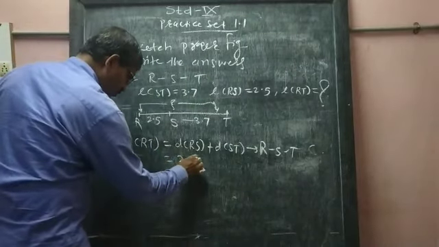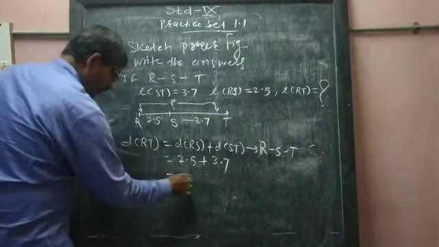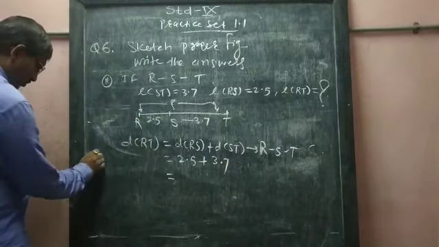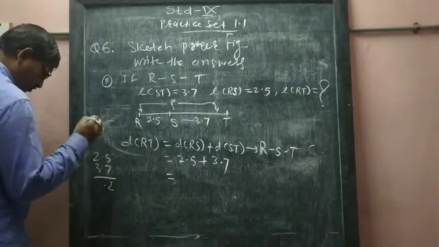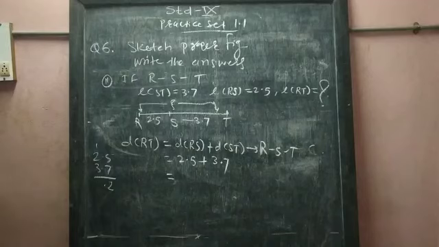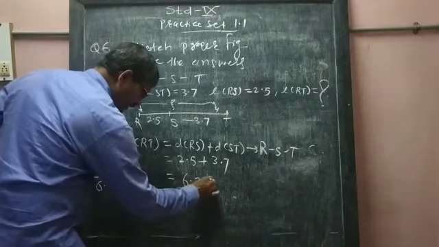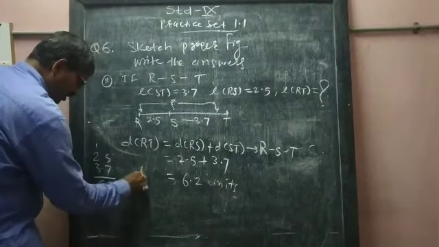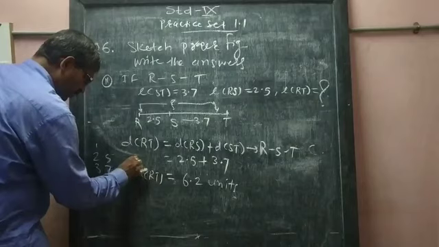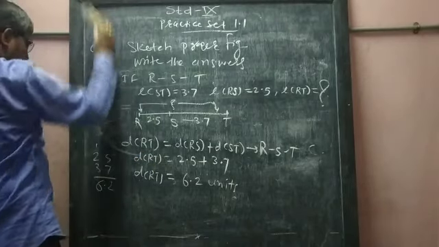RS is given 2.5, ST is given 3.7. Now do addition. 7 plus 5, 12. Point, carry on 1 given. 1 plus 2 plus 3, 6. Your answer is 6.2 units. If centimeter is mentioned, you should mention centimeter. Otherwise, write it simply as units.